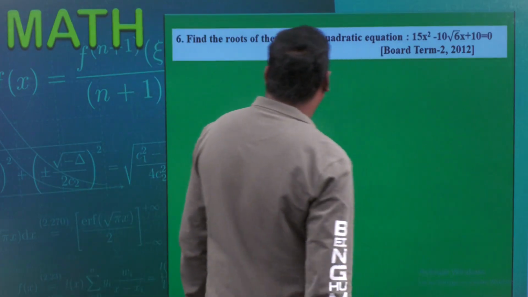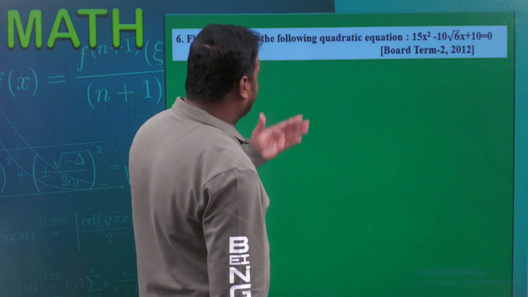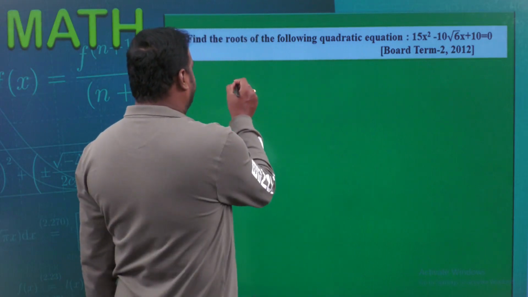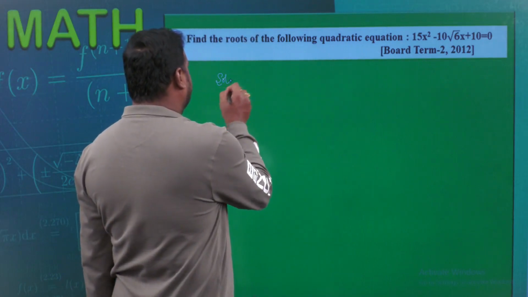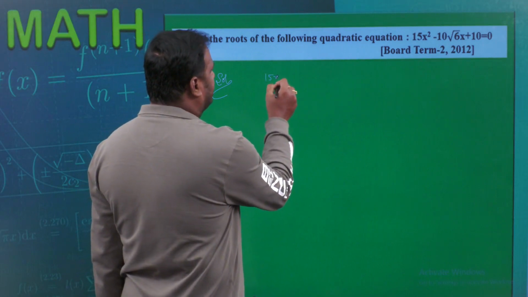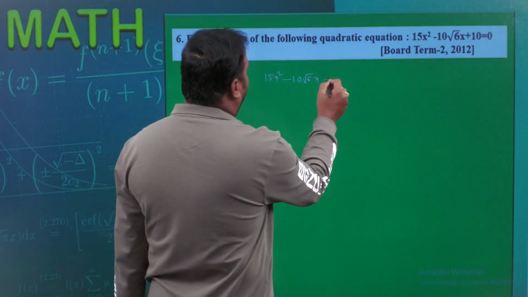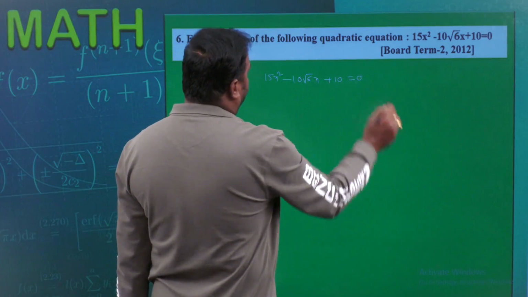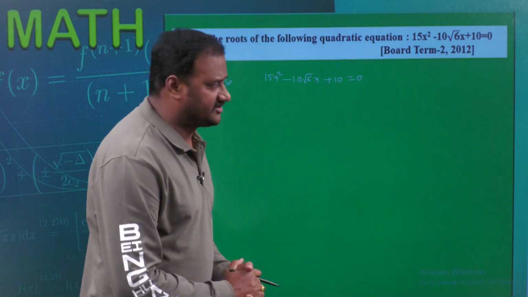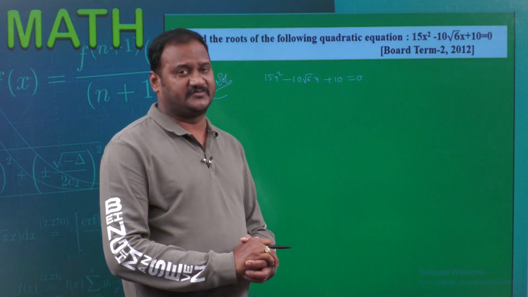Next, find the roots of the following quadratic equation again. This is 15x square minus 10 into root 6x plus 10 equals 0. So first of all, is this quadratic equation given in its simplest form?